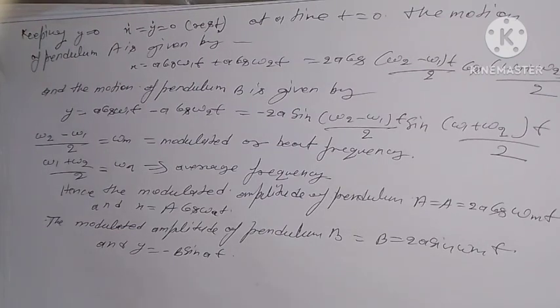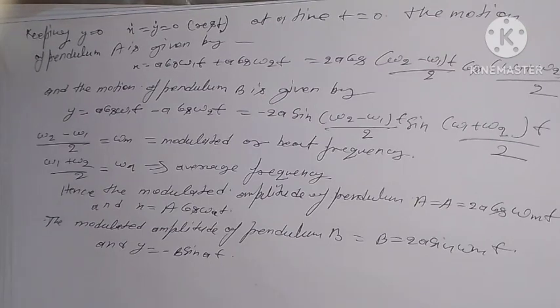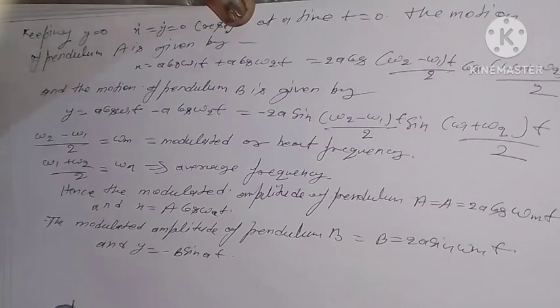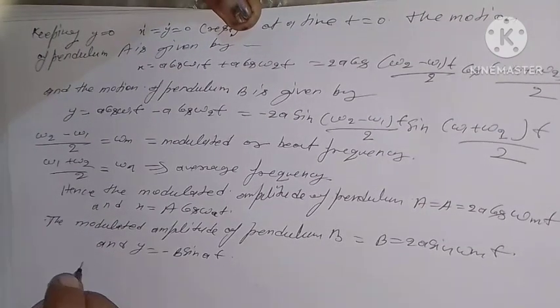Okay, then if we assume that the spring is very weak and does not store any energy, we can consider the modulated amplitudes 2a cos omega m t and 2a sin omega m t to remain constant over one cycle of average frequency.